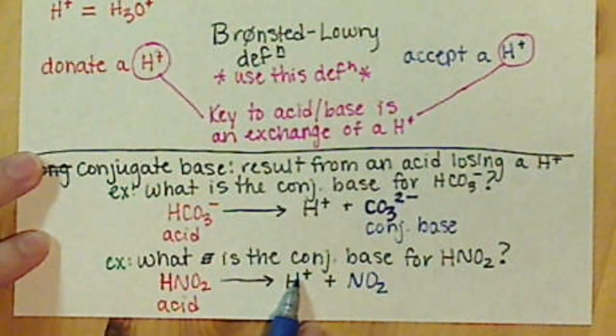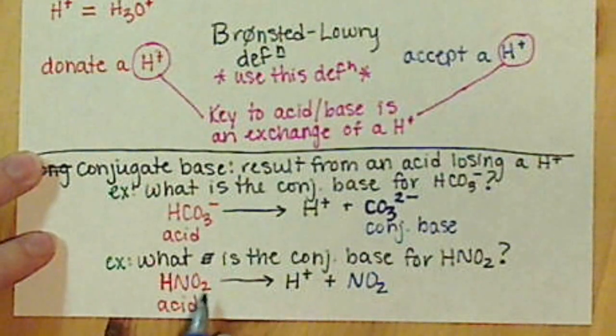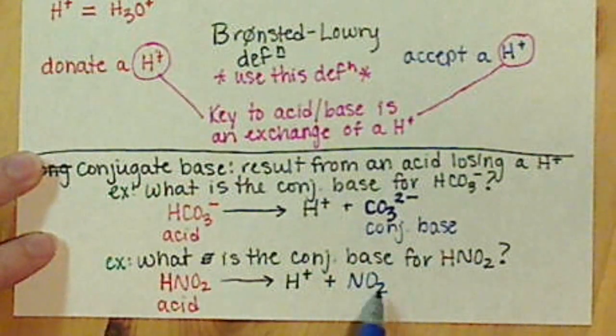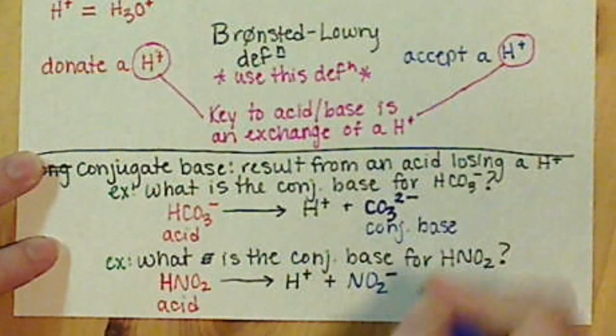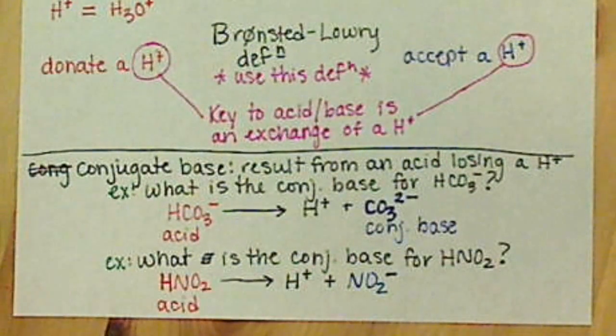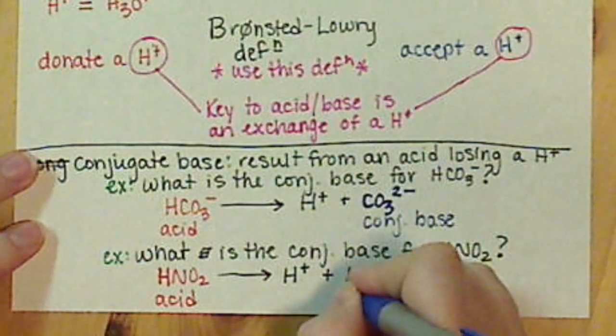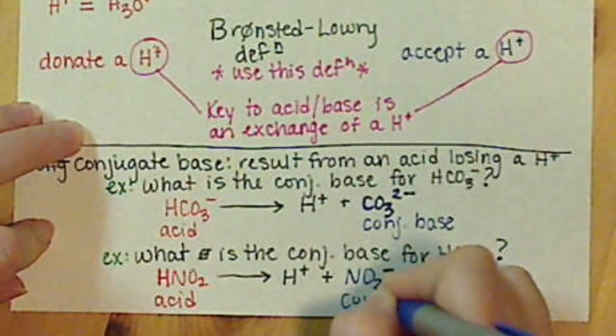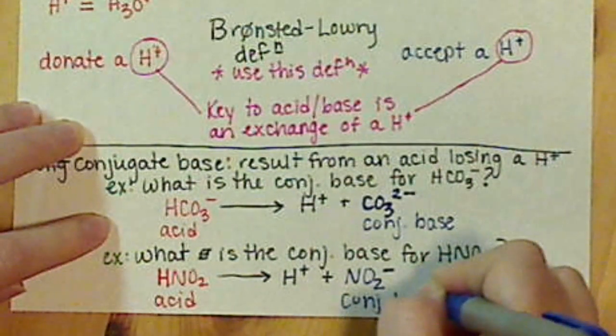And we lost a positive charge, which means that since this started out as neutral, if we have a positive charge here, we need a negative charge on the NO2. So this is our conjugate base.